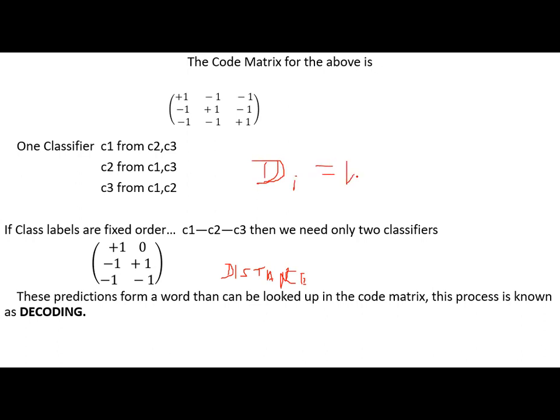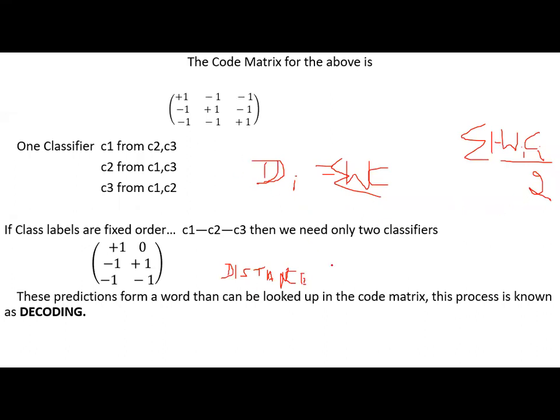Let us assume our word as W and the classifier word as C. The distance is the sum of (1 minus Wi into Ci) divided by 2. So this is how it is calculated. So ultimately, what should be the result?